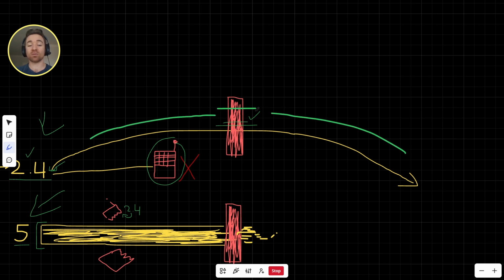It can go straight through walls, but if it hits a baby monitor or a microwave, it can start to experience some disruptions. However, the 5 gigahertz frequency can transmit much more data. It can smash through baby monitors, but it is not as effective at traveling through walls. And additionally, it's also not as good at traveling longer distances, right?